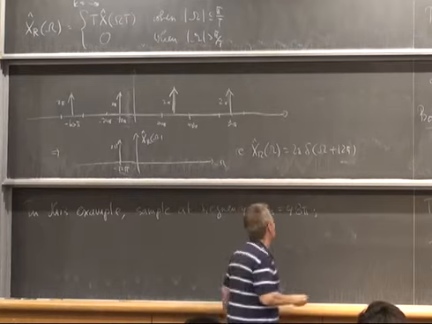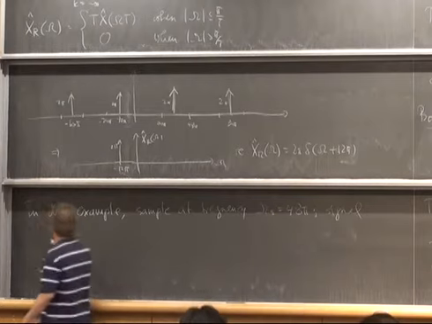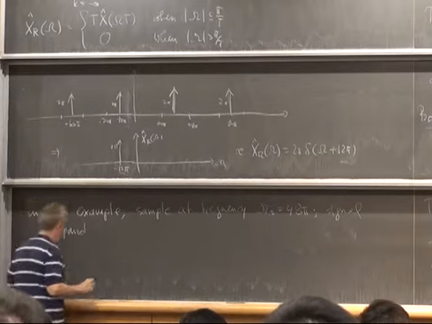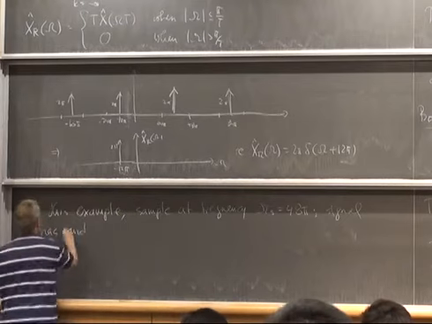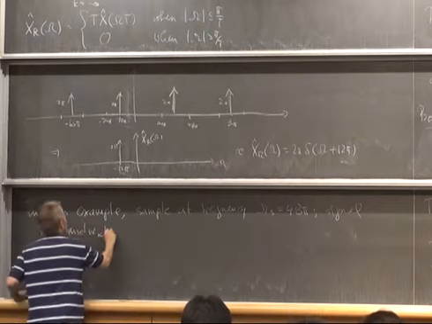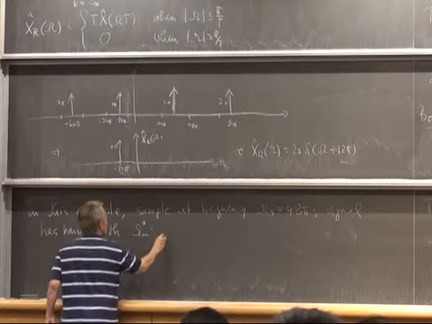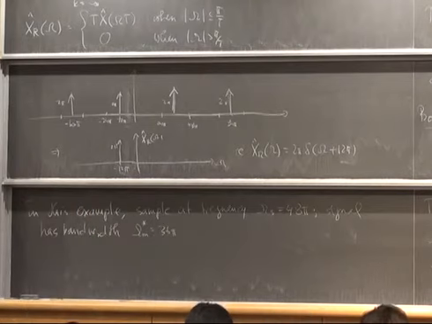And the signal has bandwidth, omega m star, equals 36 pi, right, because it's 2 pi times 18.